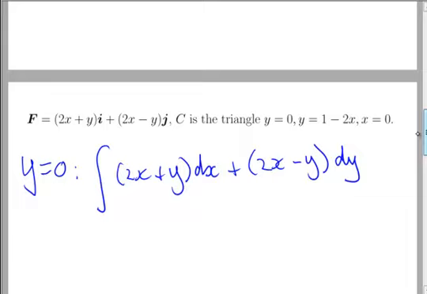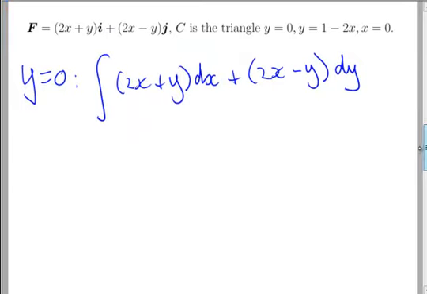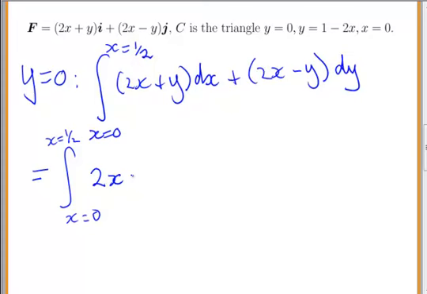Back to the calculation. Now the first part of the integral is straightforward. It's integrating with respect to x, and we know that y equals 0. So that first part is just going to give us (2x) dx.